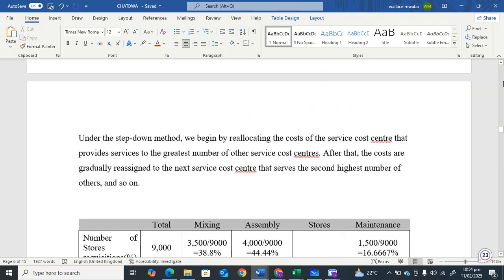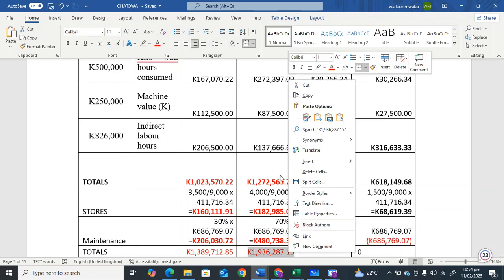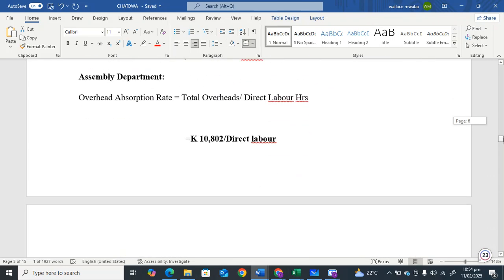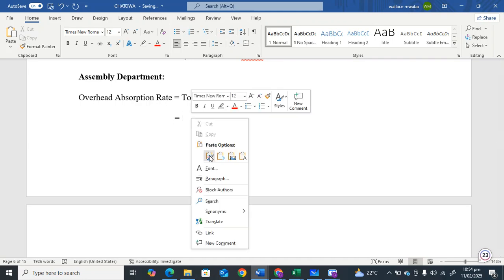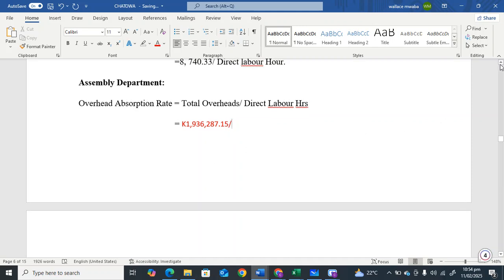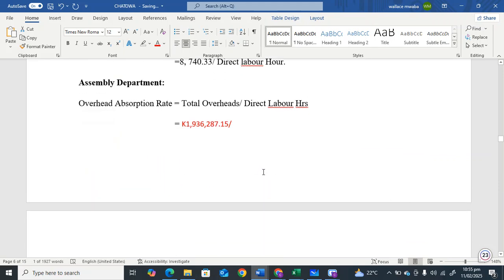So our total overhead for the assembly department, 1,936,287.15, divided by the number of direct labor hours for assembly, which is 190. So it's divided by 190 labor hours.